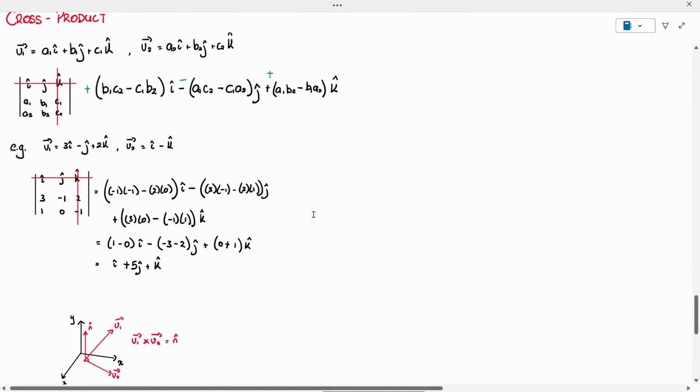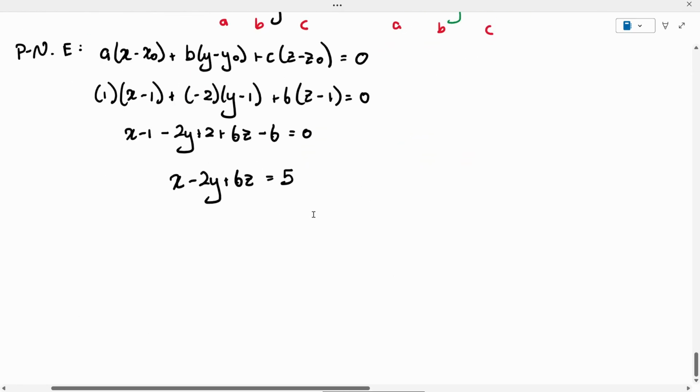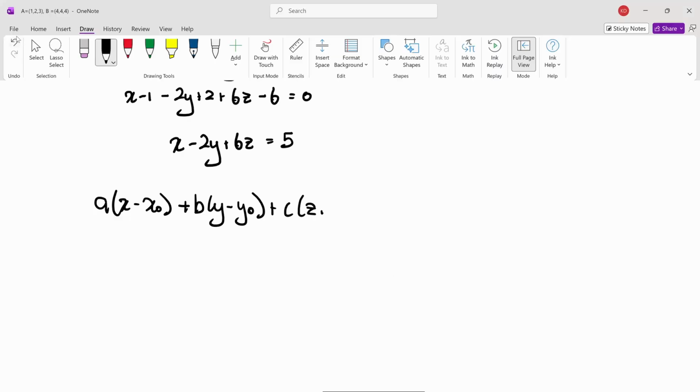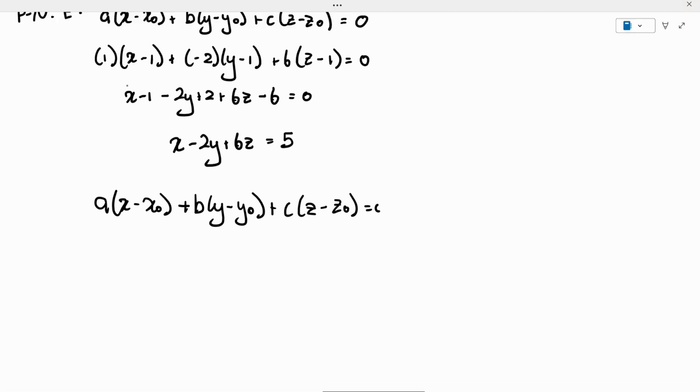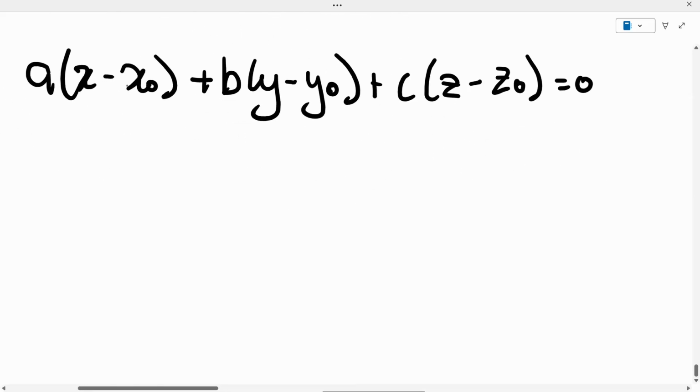And just by the way, I said we could use any point, right? So let's try B as 5, 0, 0. So if we did a times x minus x naught plus b times y minus y naught plus c times z minus z naught equals 0, so let's try with B is 5, 0, 0, which was also on the plane.